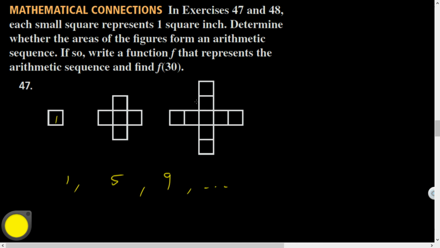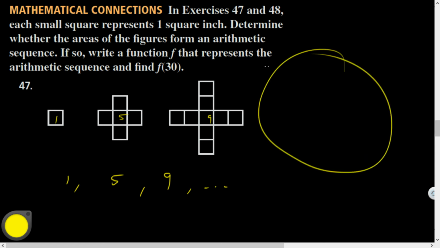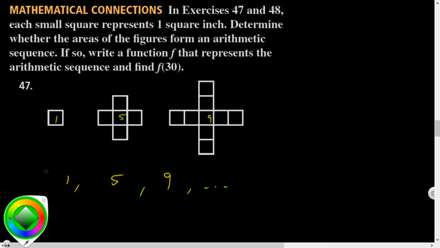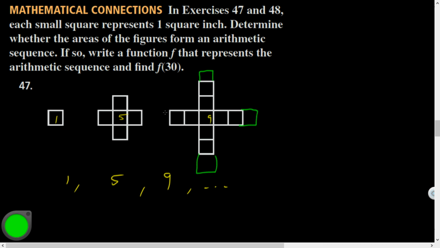Well, actually, could someone describe the pattern for me? What's happening? It's adding 4. If I wanted to draw the next picture, what would that look like? Right, I would add a box. It looks like it's moving out in these 4 directions.